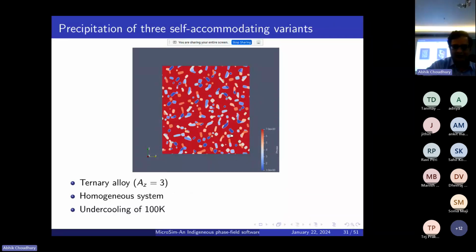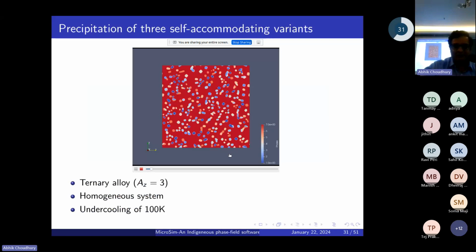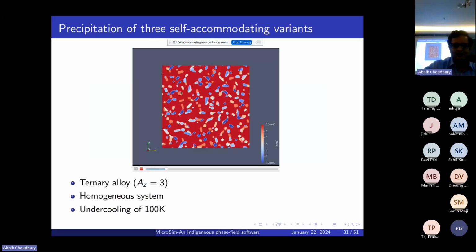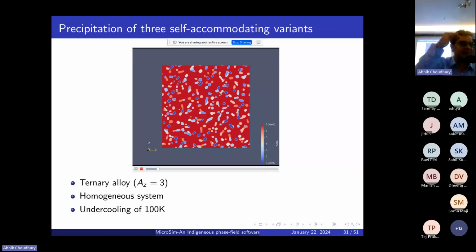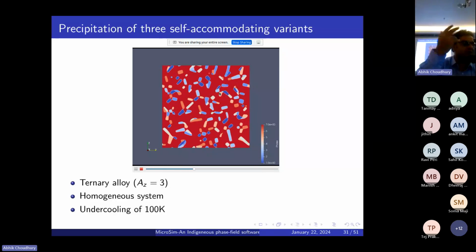I'll show you one nice thing. This is something that emerges. What you see here is that because of the different variants that come out of the matrix, a self-organization of the precipitates emerges. It is very similar to the first movie that I showed you today, of directional solidification, where organization happens just because of the interaction of the diffusion fields.